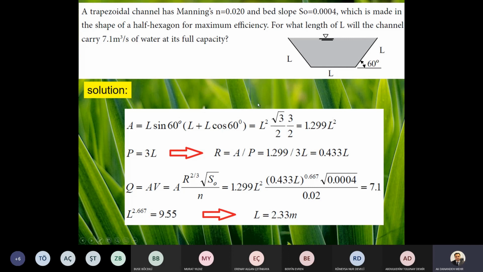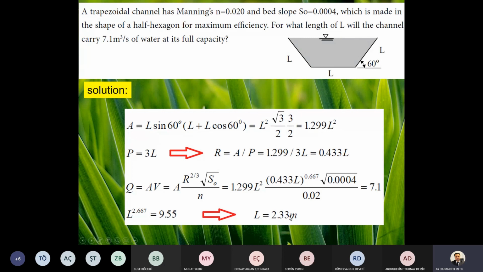And it should be 7.5 from the question. Now, the same trial and error procedure for different values of L. At first, simplify it, make it simpler. You see, the function is just this. And you can easily calculate L from here by your calculator or trial and error method.